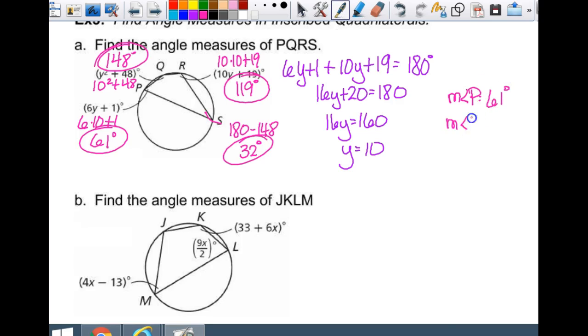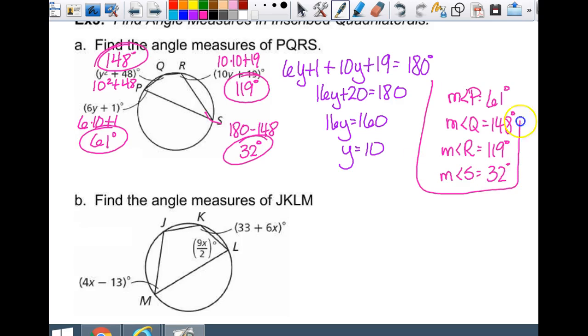Measure of angle Q is 148. Measure of angle R is 119. Measure of angle S is equal to 32 degrees. Okay. Any questions? All right, so you work on the last one while I hand out this.